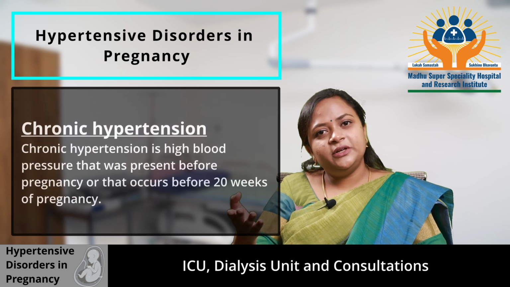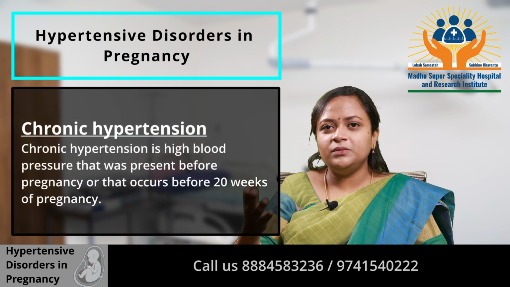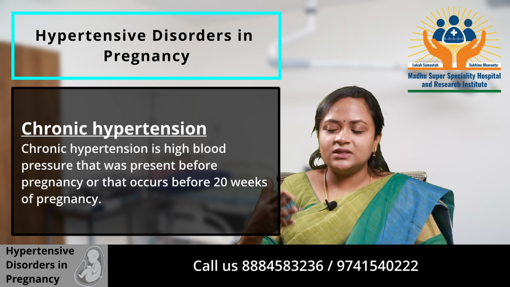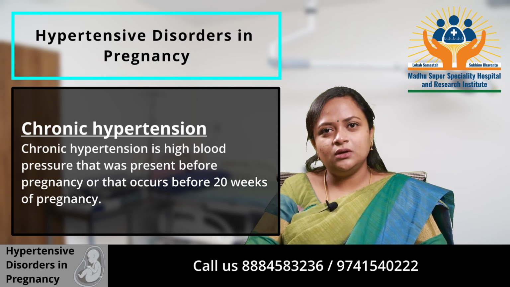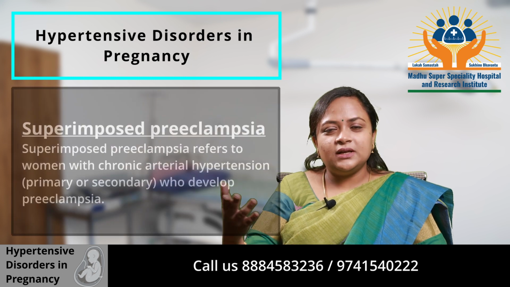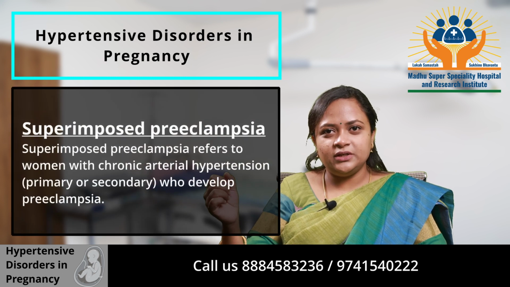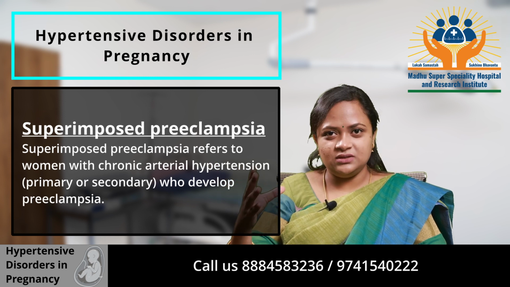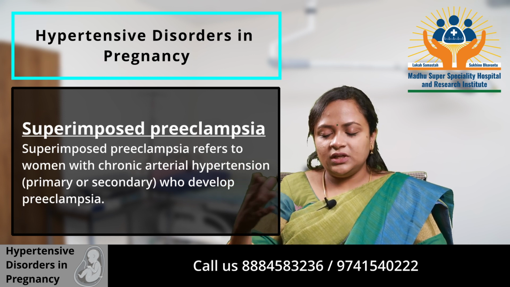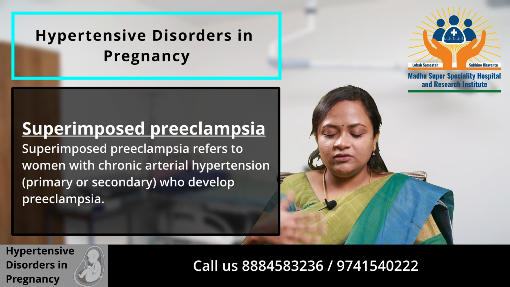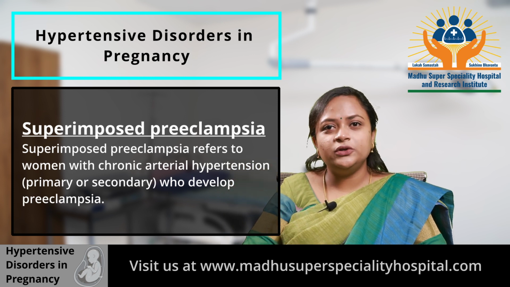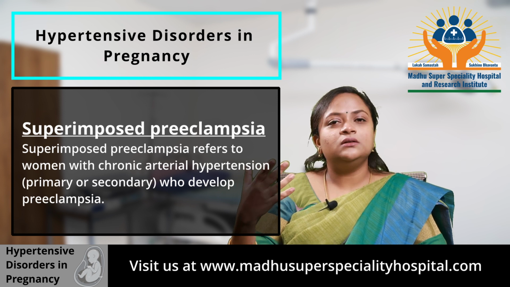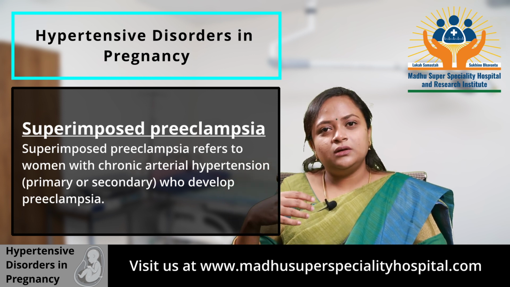Then next is chronic hypertension. Here the patient will be having BP even before she becomes pregnant or during the first half of pregnancy, that is before 20 weeks of gestation. Last comes preeclampsia superimposed on chronic hypertension. Here the patient will be having all the preeclamptic changes like headache, and she'll start developing end organ damage like I told you: liver damage, cerebral damage, pulmonary edema that can affect the lungs, or renal failure.